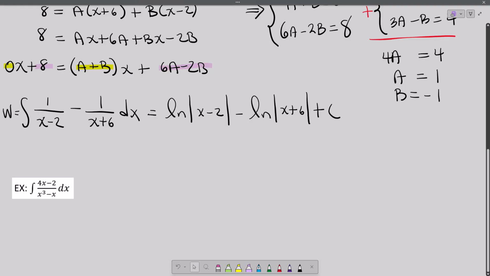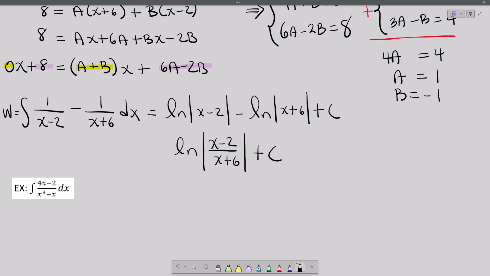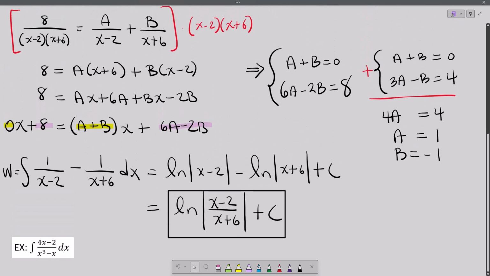You don't have to, but if you wanted to, you could turn this into 1 with log property. So there's our final answer on it. So that is PFD in its simplest case, when all of the factors of the denominator are distinct and linear.